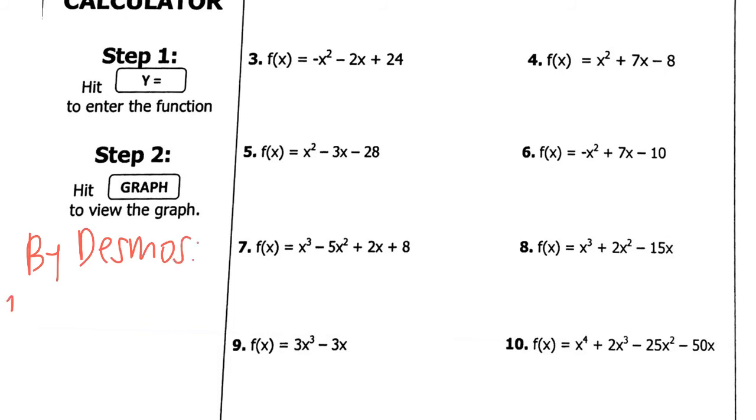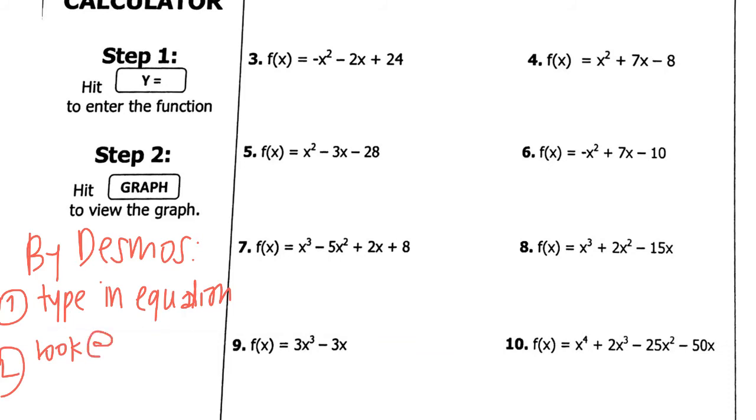In Desmos, in step 1, you would type in your equation. And then the second step is you would look at the x-axis and just follow those graphical steps that we talked about at the beginning of the notes.